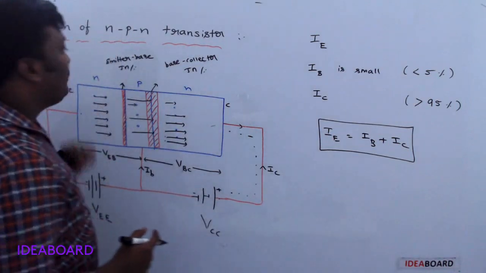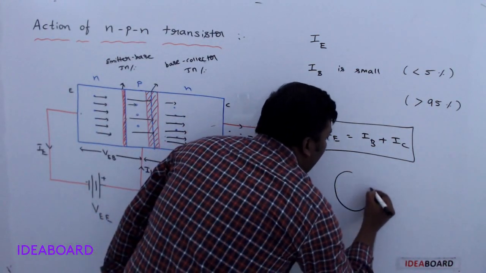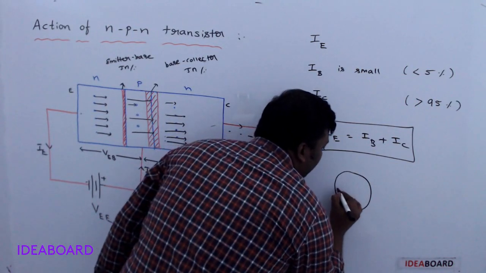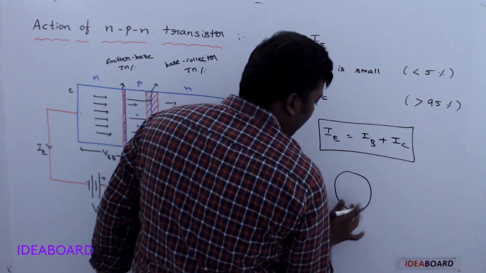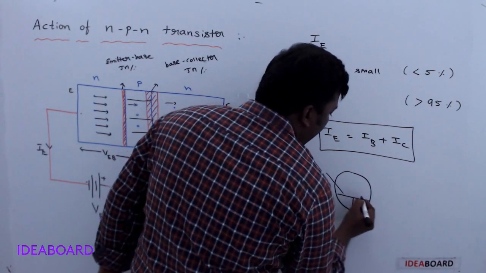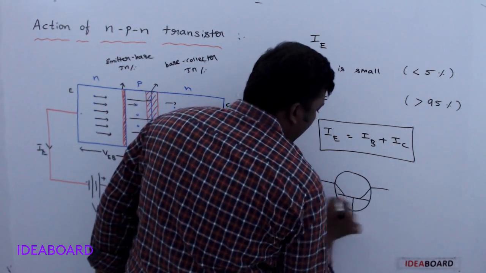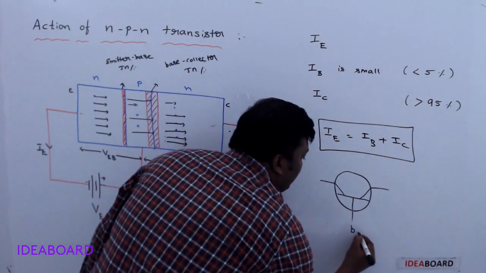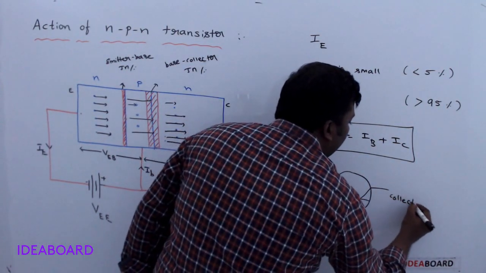So what is the symbol of NPN transistor? The symbol of NPN transistor is like this. This is base. This is collector.